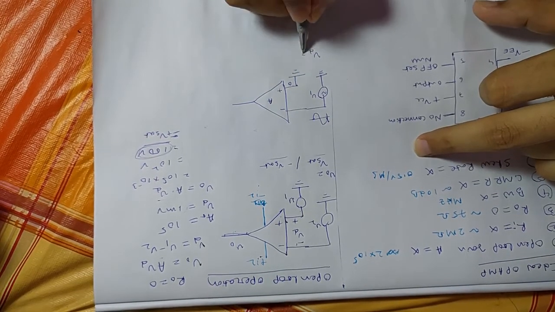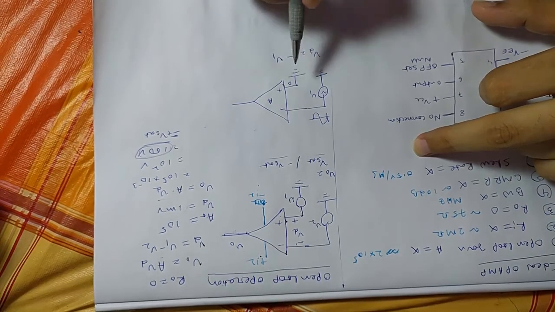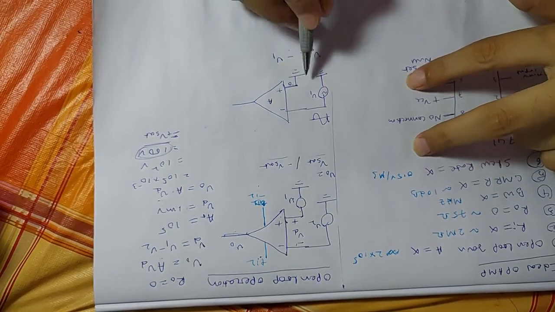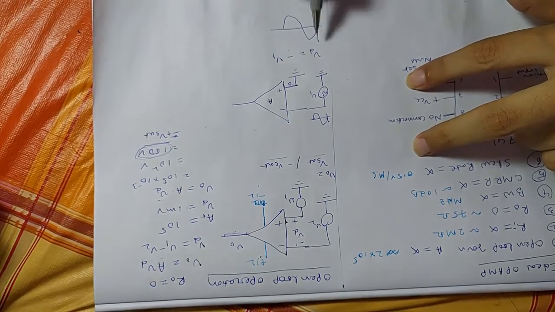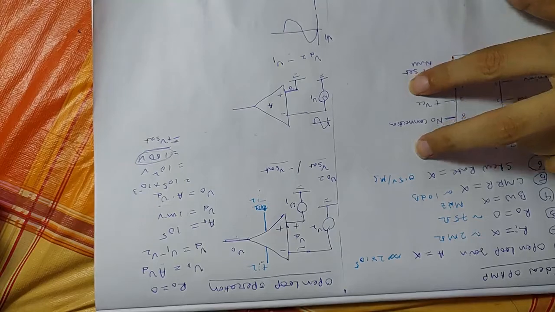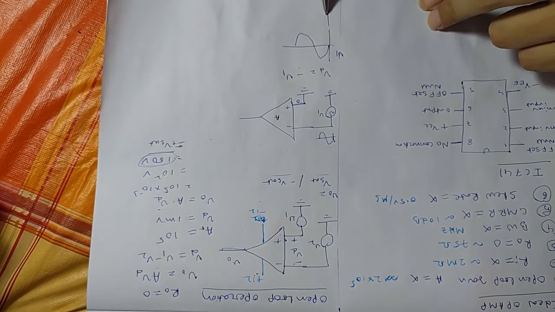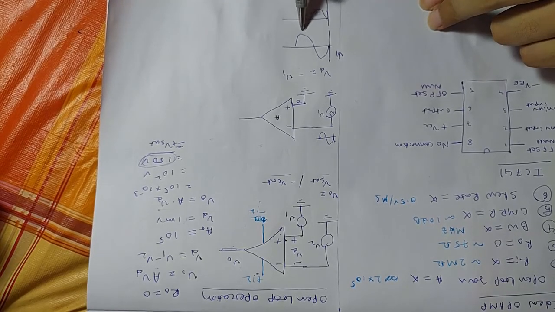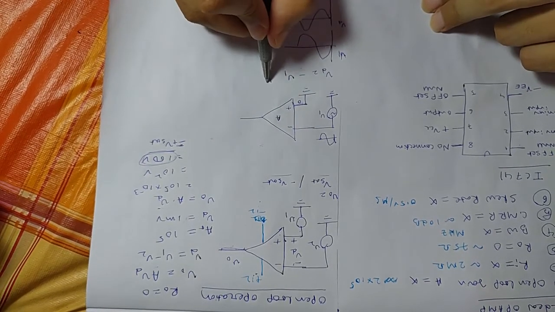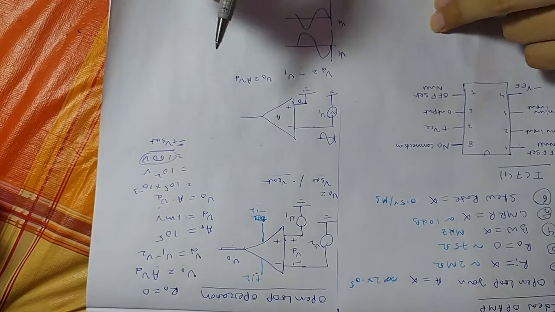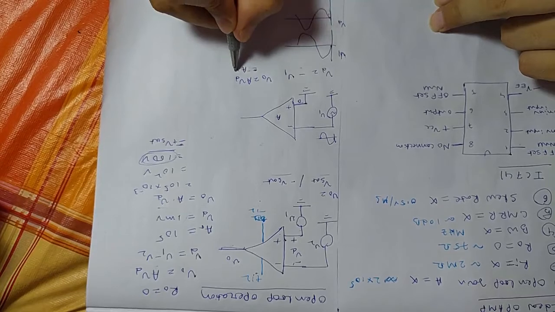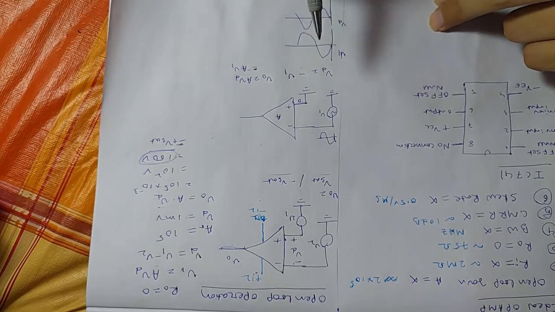So Vd will be minus V1, because Vd is the difference between the non-inverting and inverting inputs. We know V1 is a sine wave, so Vd will be an inverted version of the sine wave, and output V0 will be A times Vd. Let's consider that A is finite and output is within range. So output will be minus A into V1. That's why you can see the output will be inverted.